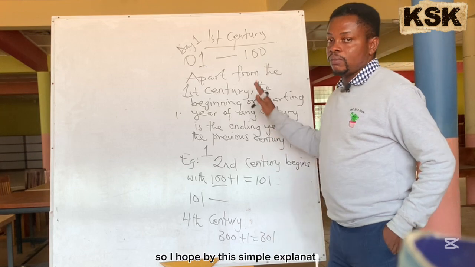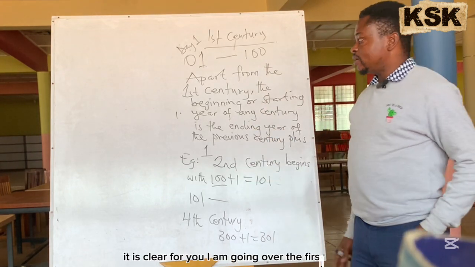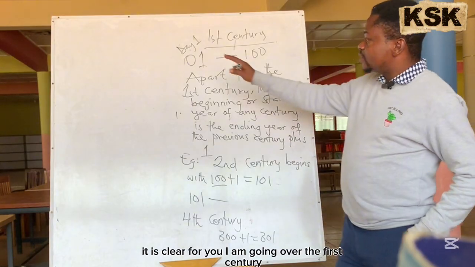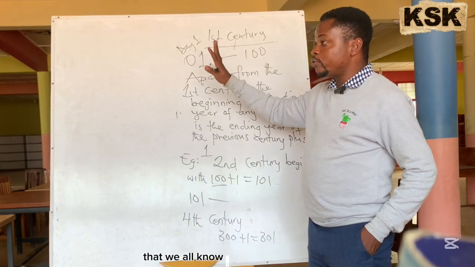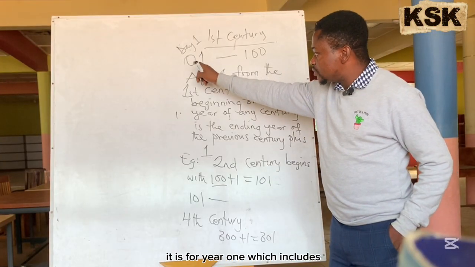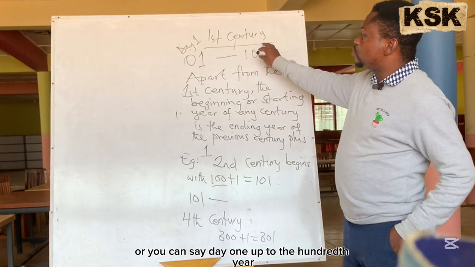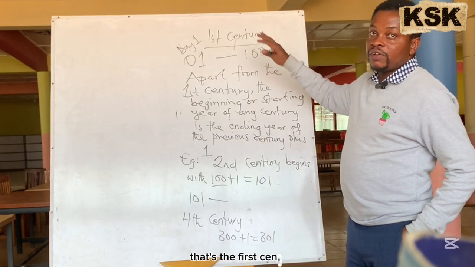So I hope by this simple explanation it is clear for you. I am going over the 1st century that we all know in historical calculations. It is for year 1, or you can say day 1, up to the 100th year. That's the 1st century.